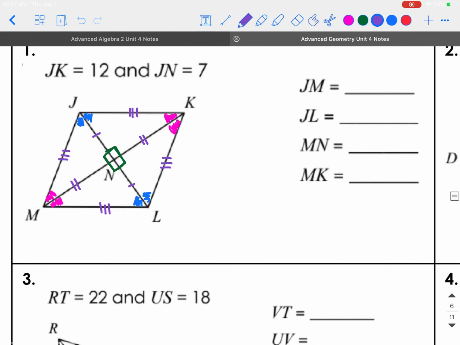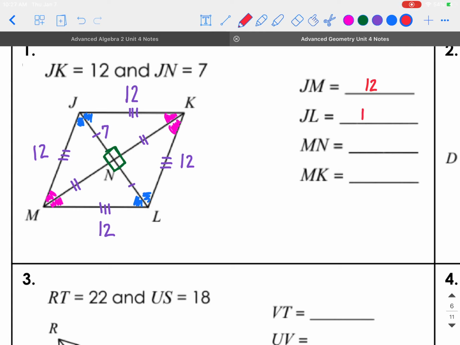So if we look here, JK is 12, which means ML is 12, and this one is 12, and this one is 12, right? And JN is 7. So let's answer our questions. JM, 12.